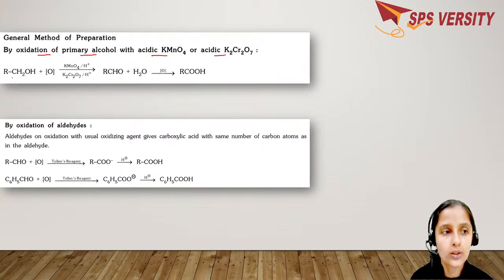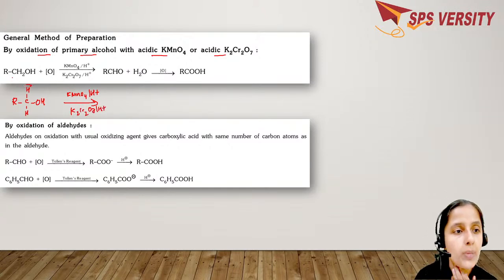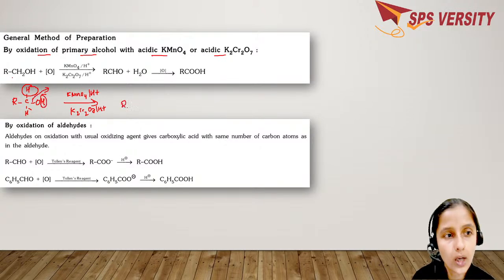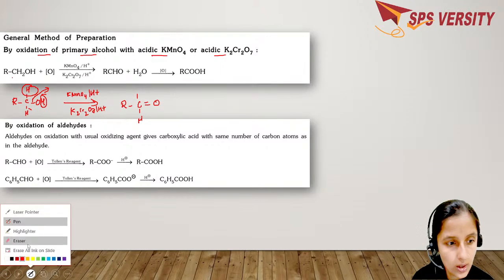So when you oxidize, you have RCH2OH like this, and when you treat it with acidic KMnO4 or the acidic dichromate, what you're going to do over here is remove these two hydrogens and put a double bond over here. That is going to give you RCHO.